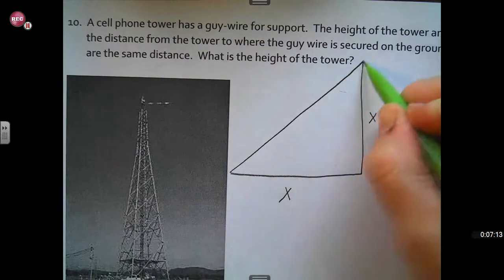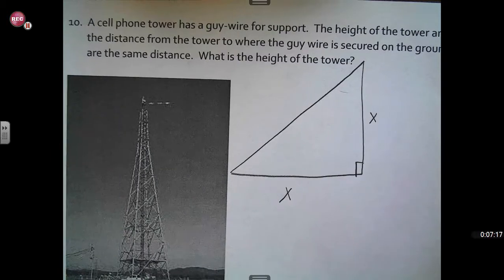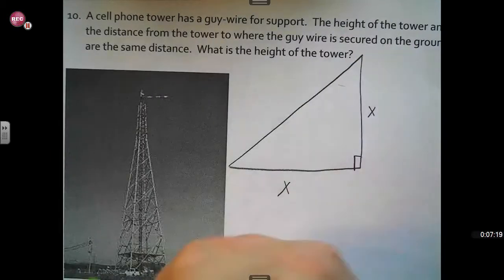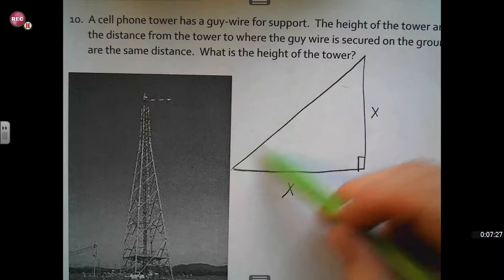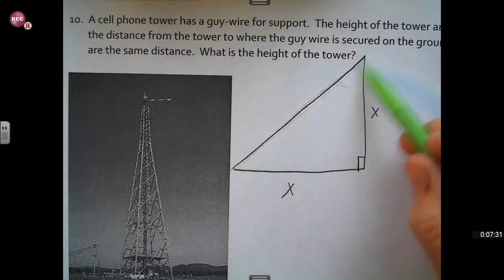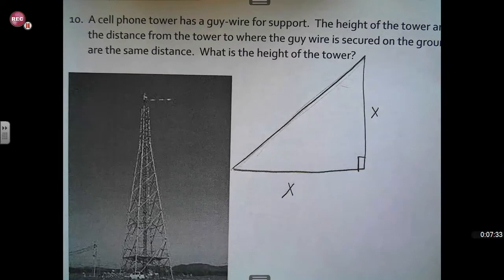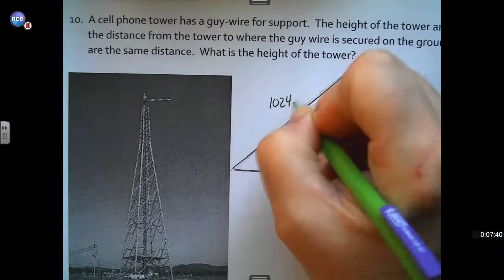I think I'm missing some information that was probably given. I don't see that I wrote it in here. I did not bring my book home with me, but I'm going to guess that they gave us the length of the guy wire. Let's call that 1,024 feet.